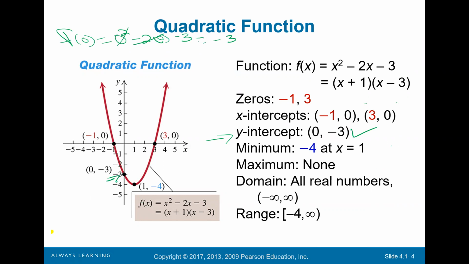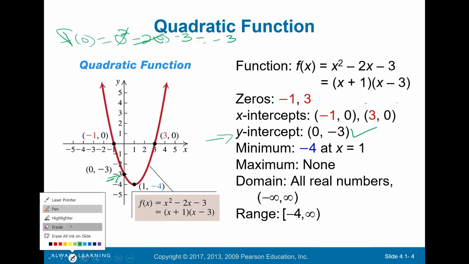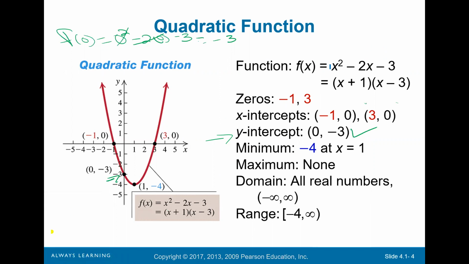And now we're going to state our minimum and maximum. So when we graph this, I want to go over the minimum and maximum real quick. But before I do that, let's talk about how I know what's happening. We look at what our coefficient is on this x squared.